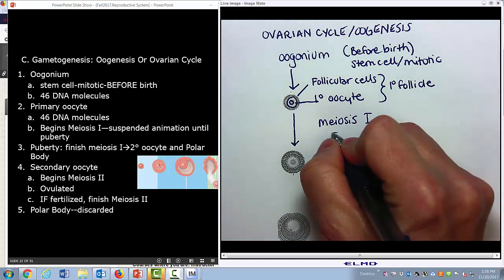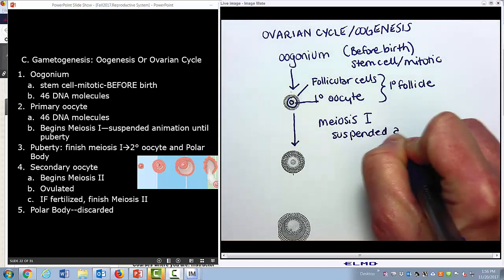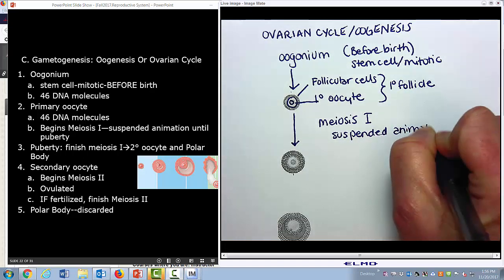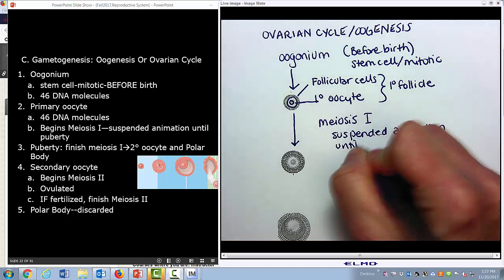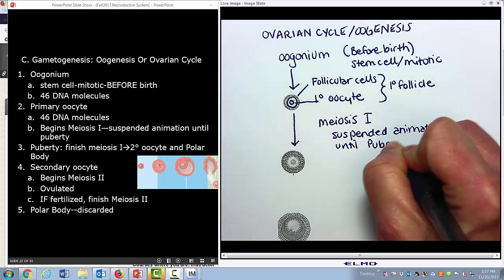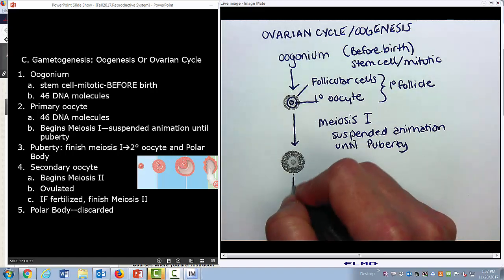So we undergo a stage where it's in suspended animation. It stops until we reach puberty. Until puberty. Oh, good, I'm writing big enough. Awesome. All right, when puberty occurs, then we finish meiosis 1.